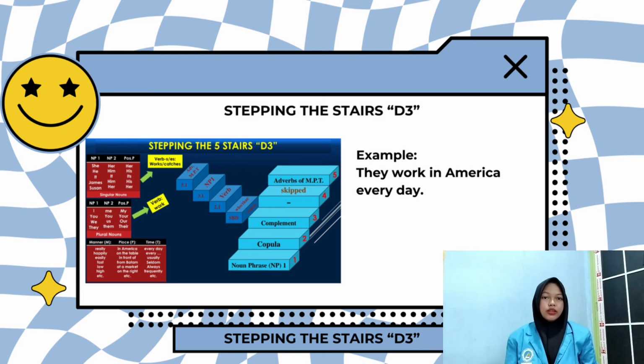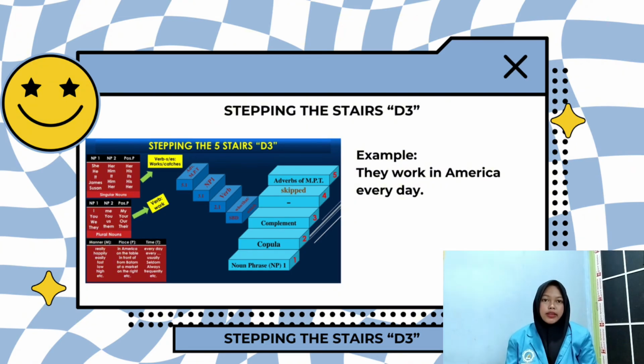Now let's move to the next slide, the nominal sentences. This time we don't use an action verb but a linking verb like is, are, was, or were. Here are the same 5 stairs, but the structure is a little different. One is NP1, the subject, like a tall man or she, and then two is copula, this is the linking verb like is or are.